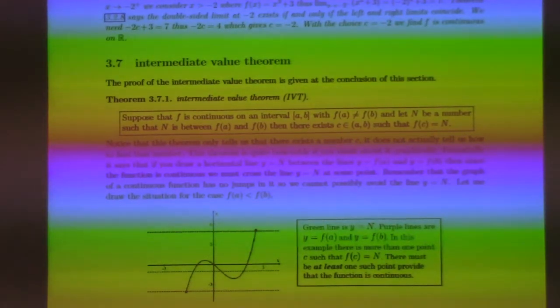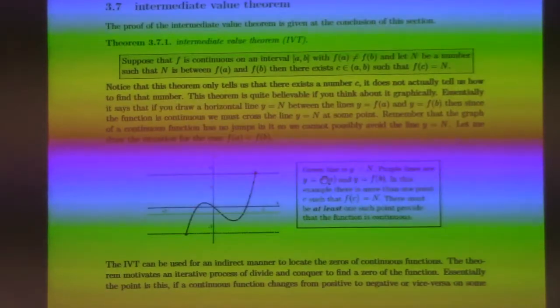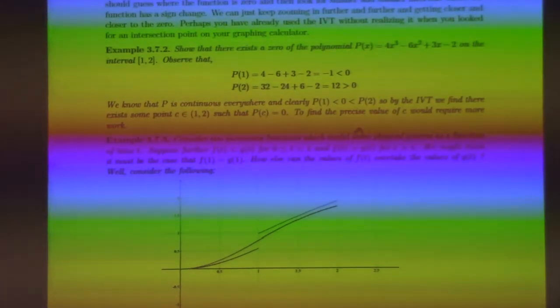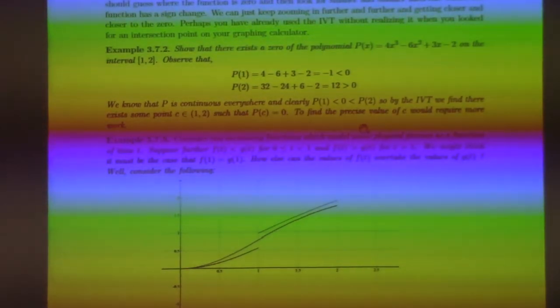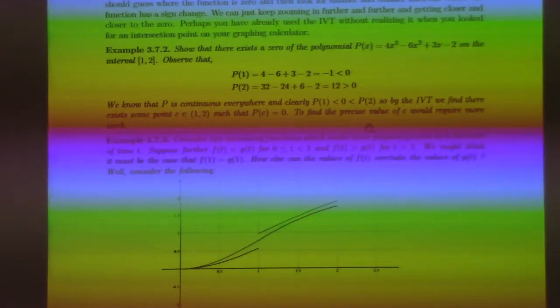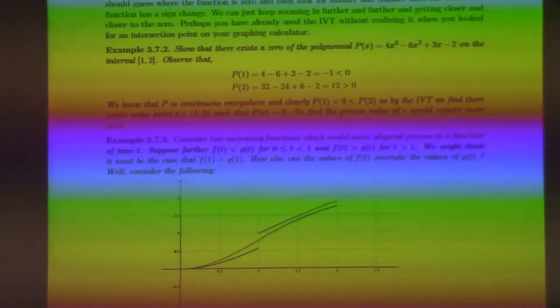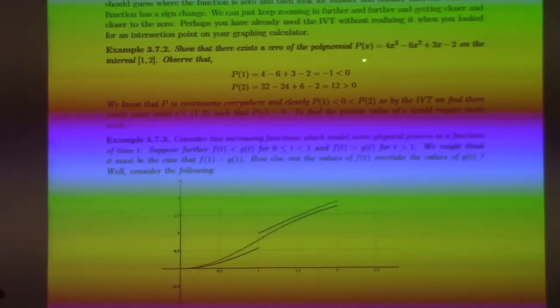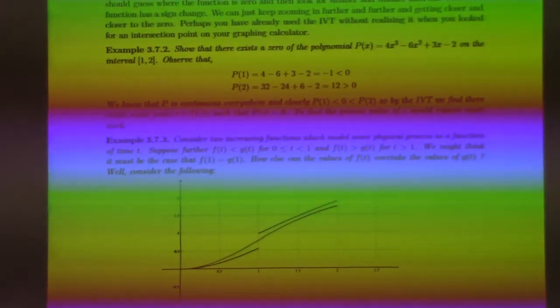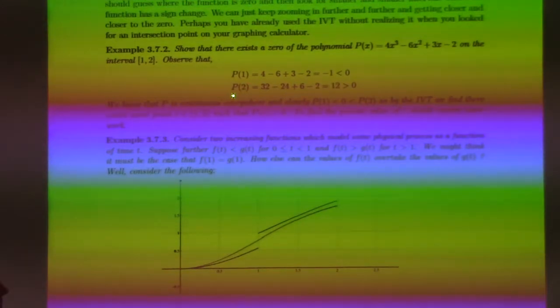You can also use it to understand an example like the one I gave last class. Take this polynomial that's continuous on the reals. P of 1 is -1, and when you plug in 2, P of 2 is 12.